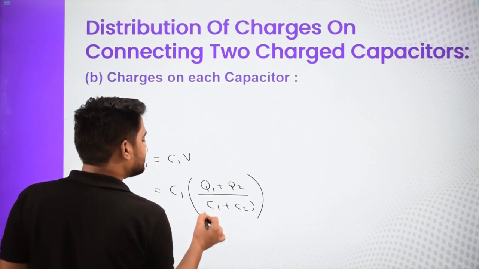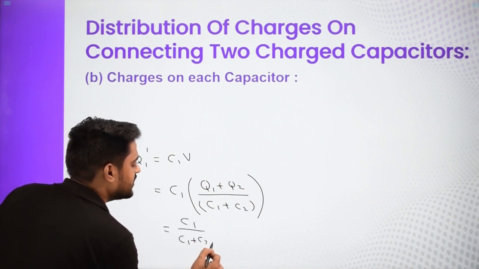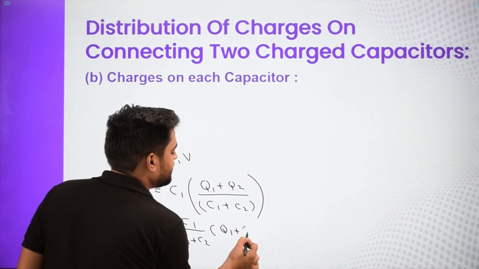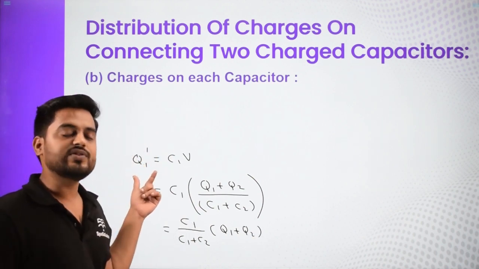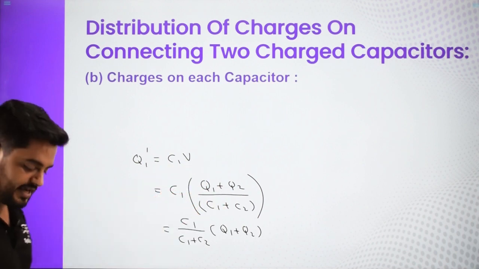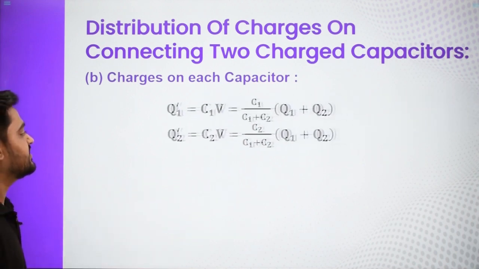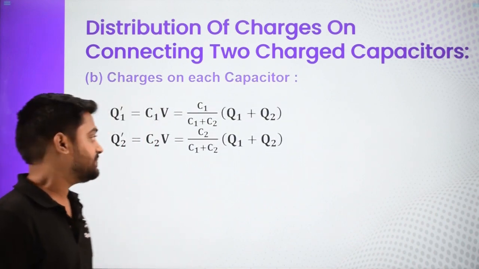I am writing this in a slightly different manner: C1 upon C1 plus C2 into total charge, Q1 plus Q2. Likewise, for Q2 dash it is C2 into V, so only C2 will be here and the rest will be the same. These are the final charges on each of the capacitors.